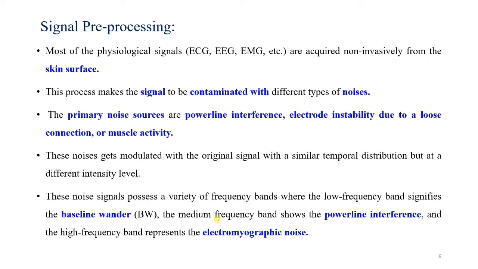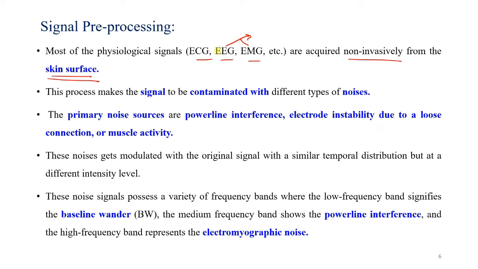So signal pre-processing, what do we do? Most physiological signals, whether ECG, EEG, or EMG, are acquired non-invasively from the skin surface. Now there are certain methods where you can acquire these signals, especially the EEG and EMG signals, from within the body. How do we do that?